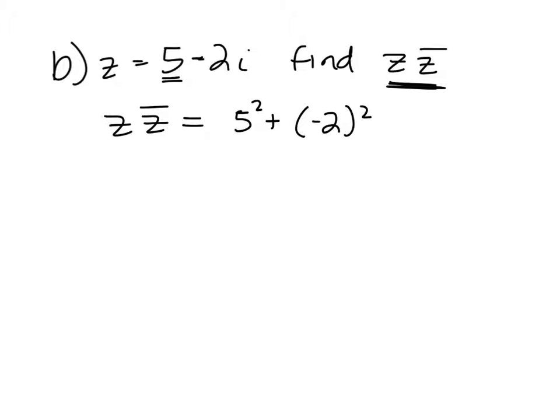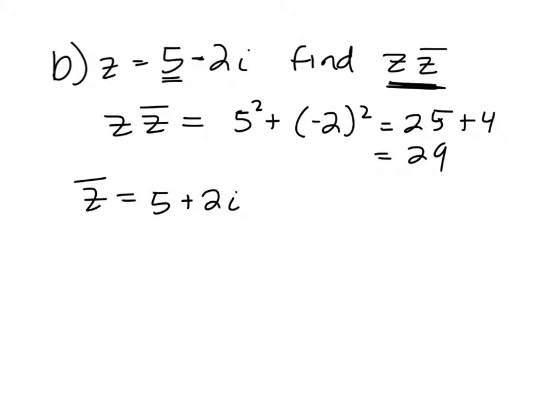So that would be 25 plus 4, which is 29. Okay, you can check that this is correct. z bar is 5 plus 2i. So if you were to FOIL this out and figure out what it equals, you'll get 29.